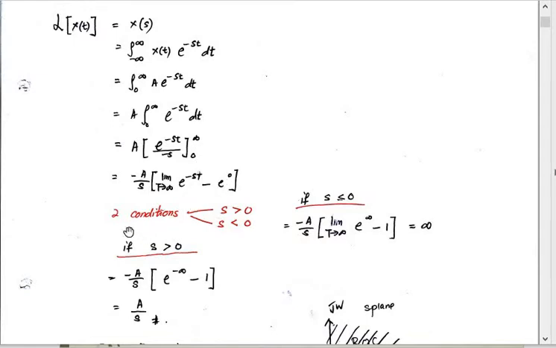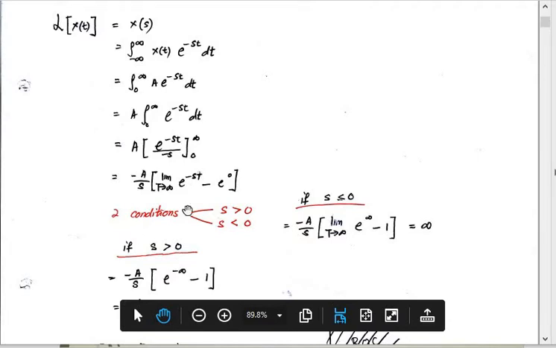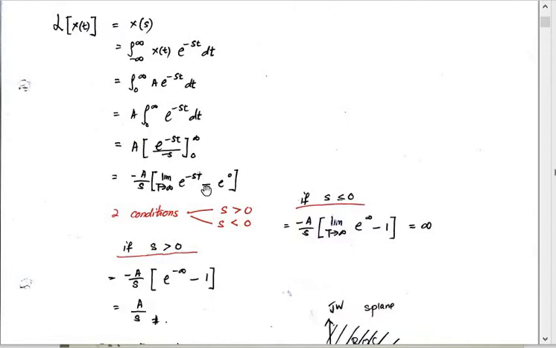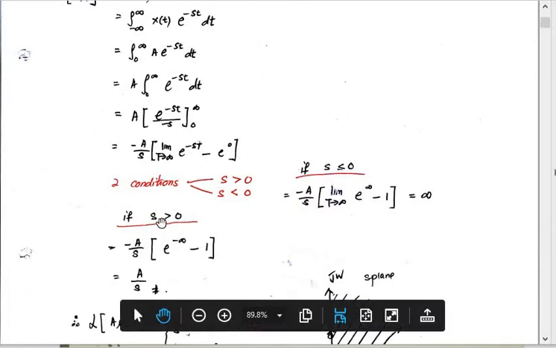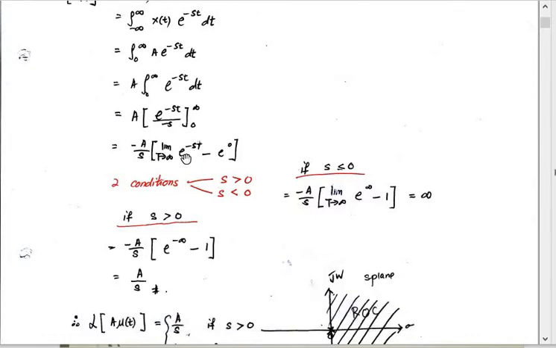Here, bear in mind that there are two conditions: s more than 0 and s less than 0, because if you look at this, we do not know what the value of s is. So we have to assume that either s is more than 0 or s is less than 0. We assume the two cases. Let's say s is more than 0. We substitute exponent negative, and s is a positive value, so it's negative t. t is infinity, right?